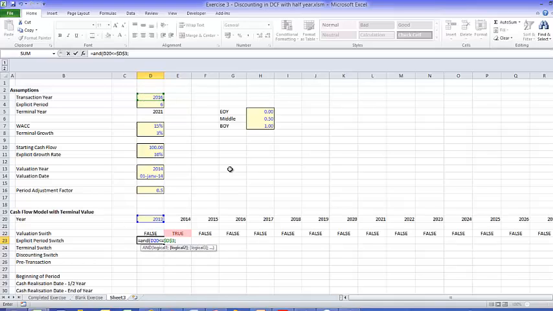And then we said that has to be greater than or equal to the transaction year, and this year has to be less than or equal to the terminal year.